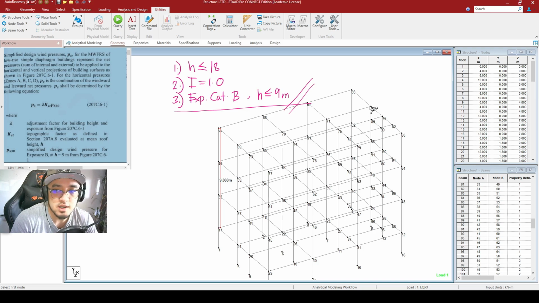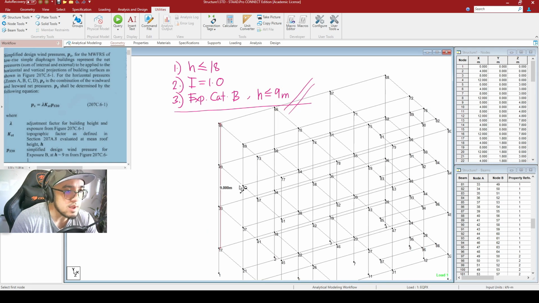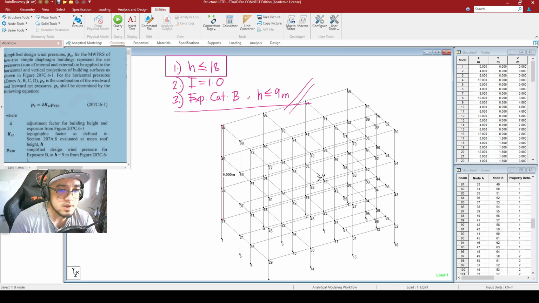Since this is a roof deck, it is 9 meters. 9 meters is less than 18 meters, so this criterion is already satisfied. And if you can remember from the previous pre-recorded video lectures, this building right here is a residential building.